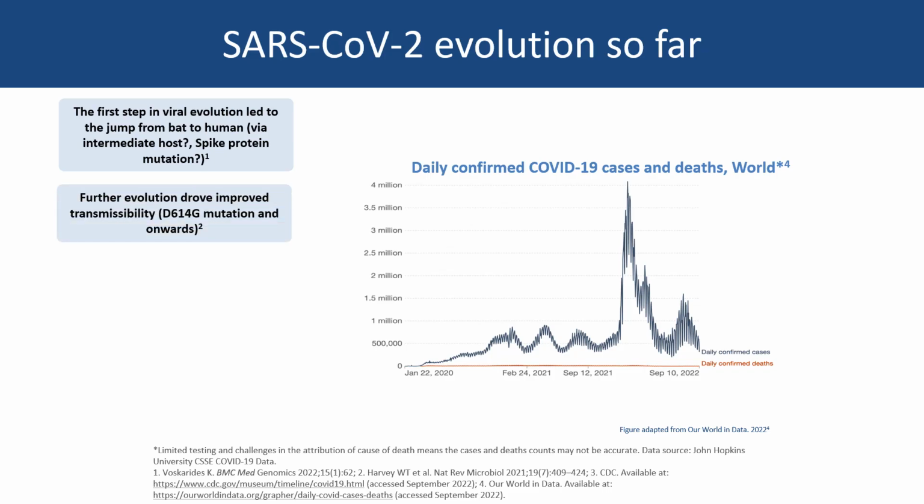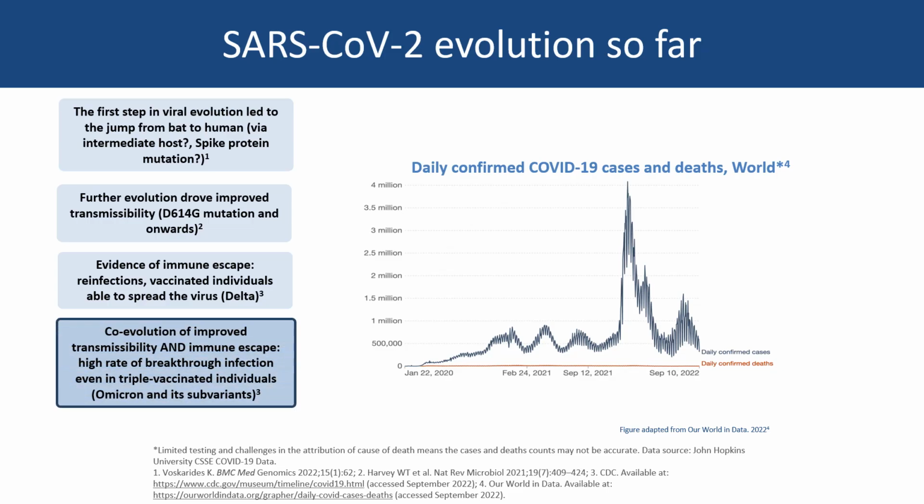Since then, you can think of the virus as a work in progress, trying to improve its transmissibility and immune evasion capabilities. And we saw that through the emergence of the multiple variants of the virus, with each newer variant being an improved version of the one before it, and thus outcompeting it, then completely replacing it.